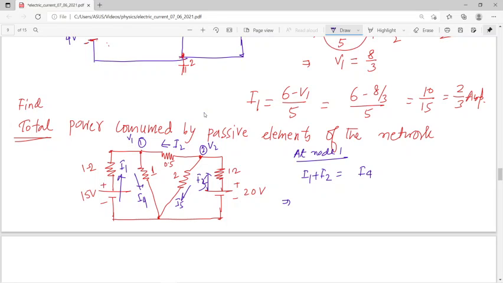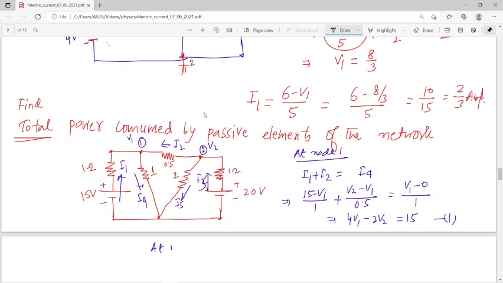I1 is nothing but 15 minus V1 by 1, plus I2 is V2 minus V1 by 0.5, and I4 is V1 minus 0 by 1. If you solve it, you will get an equation in V1 and V2.